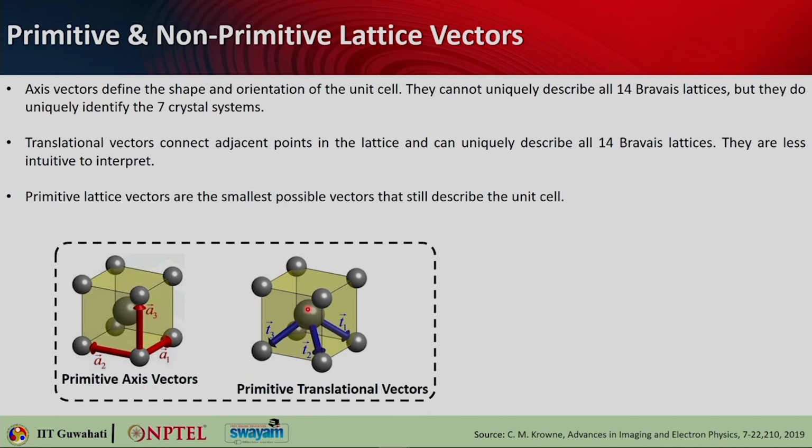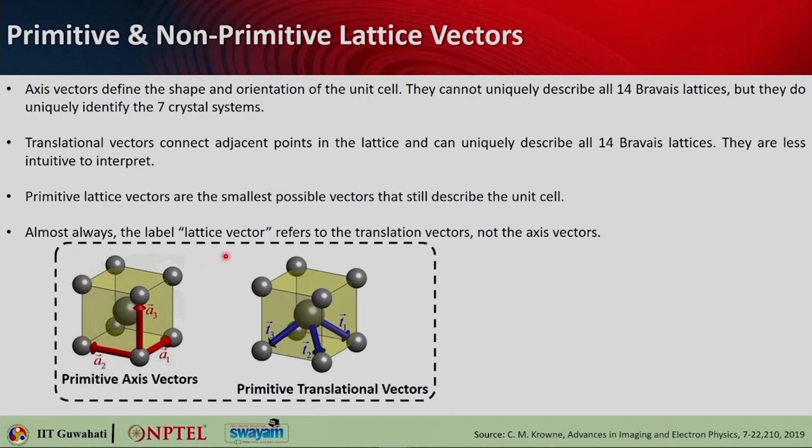Whereas if you take the center point and connect vectors from the center to the adjacent 3 points, that is the primitive translational vector. So these are 2 different types of orientation, or you can say nomenclature or systems. One is axis vector, and this is how they are defined; another is translational vector, and this is how they are defined.